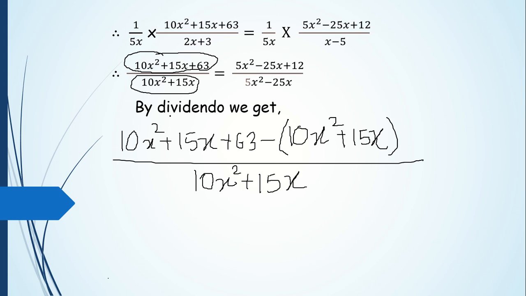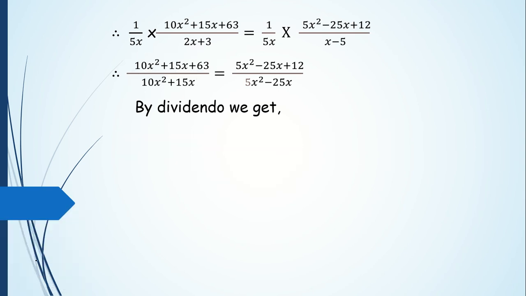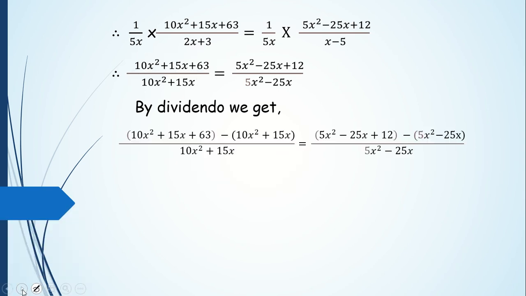Now we will just open this bracket. 10x square minus 10x square gets cut, 15x minus 15x gets cut. What I'm left with is 63 over here. Then the same thing we have to do on the right hand side also. So by dividendo we get numerator minus denominator upon denominator, this side also. Now open the brackets. This is minus, so this will become minus, minus, minus, and this will become plus because a minus sign is there outside the bracket.